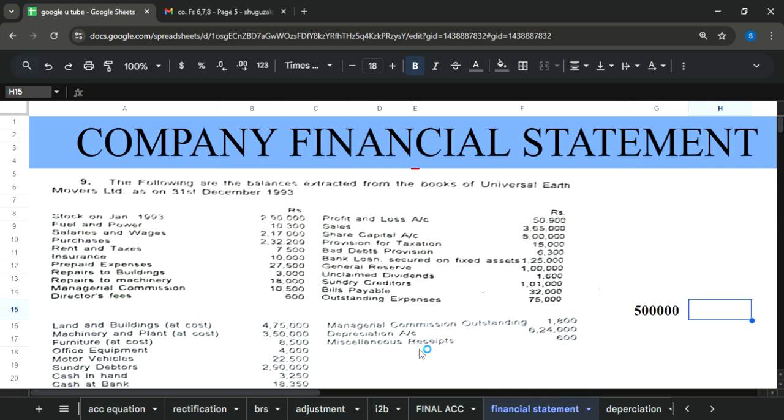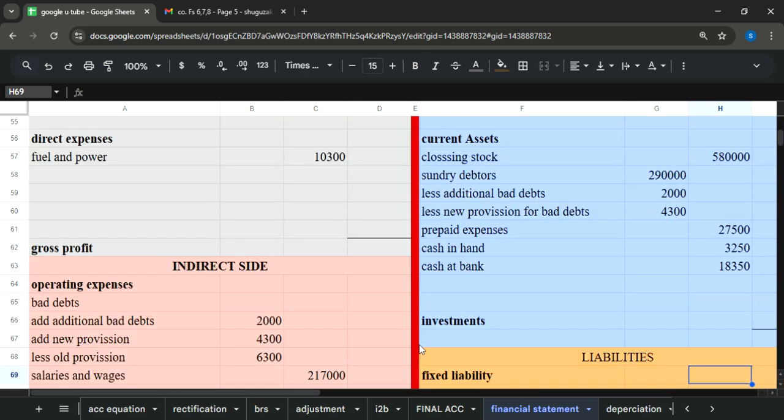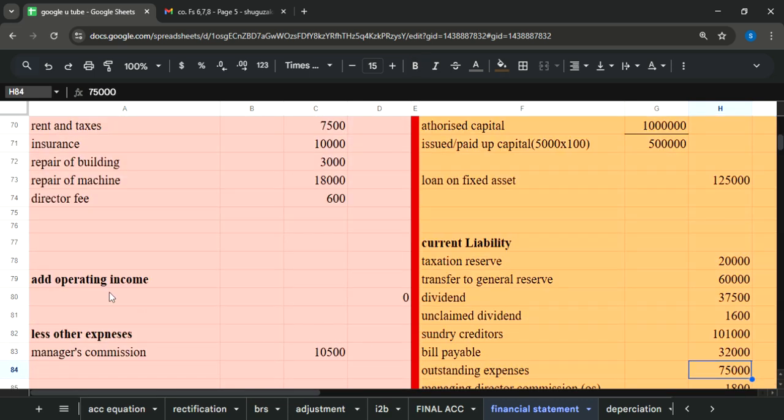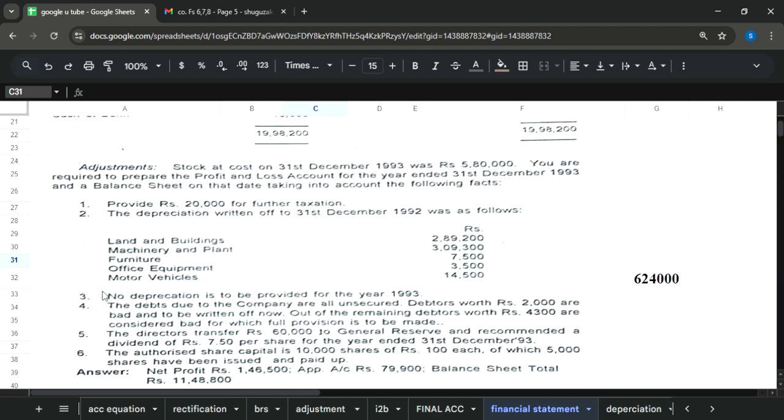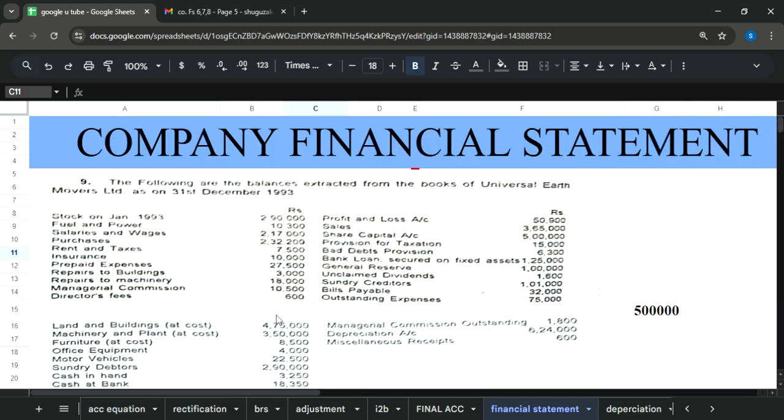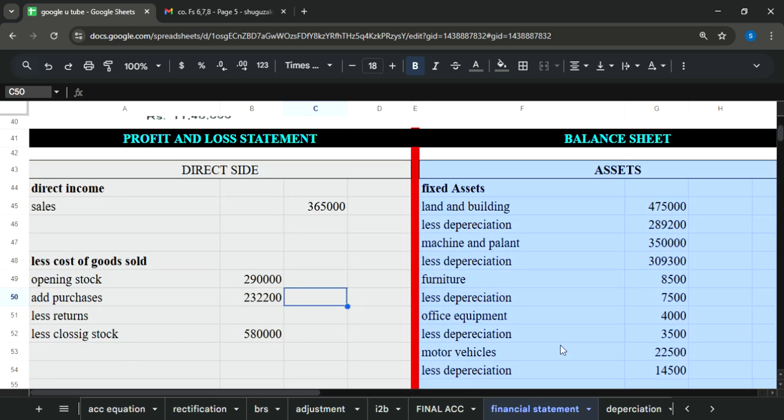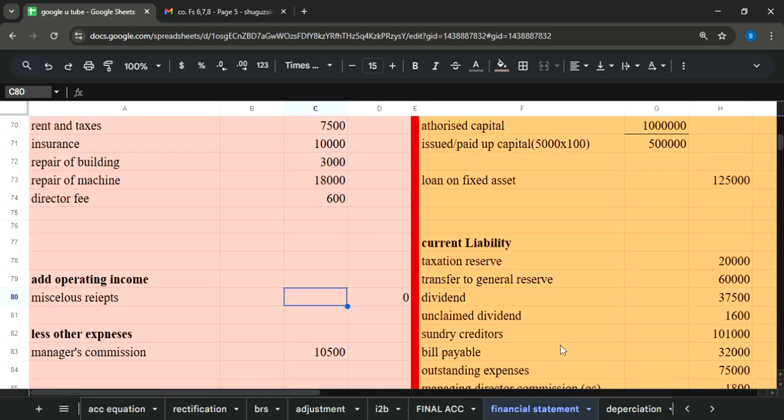Last, miscellaneous receipts. So let's go to operating income. You may write over here miscellaneous receipts. The amount of miscellaneous received is mentioned as 600. So just put 600 in operating income.